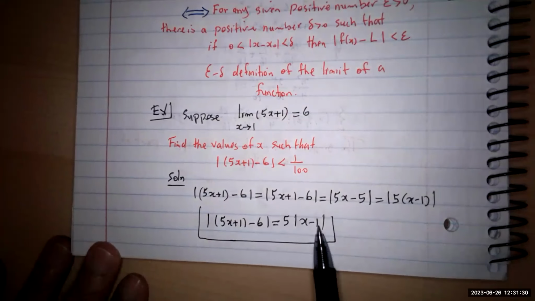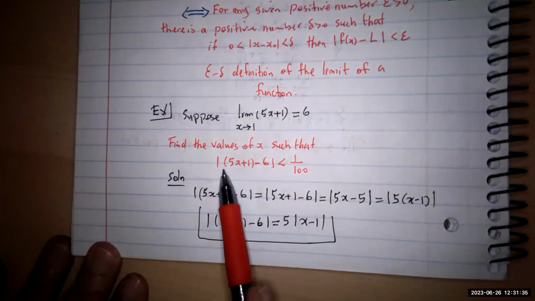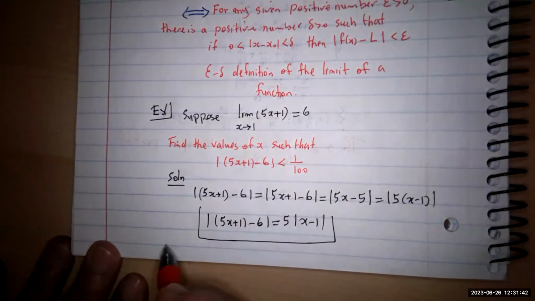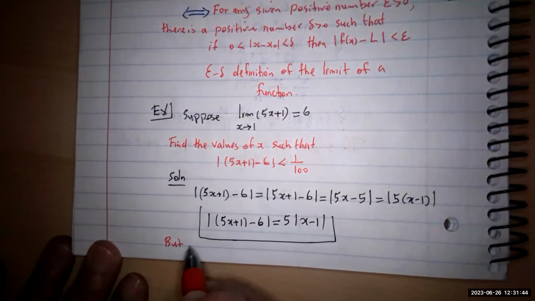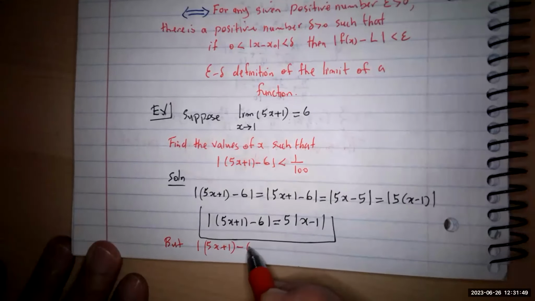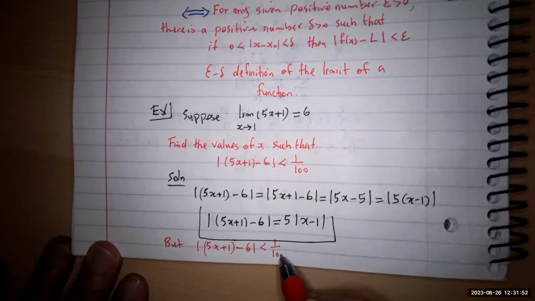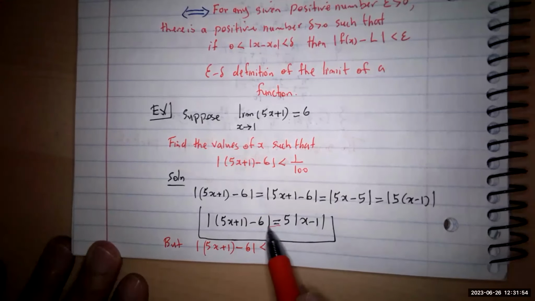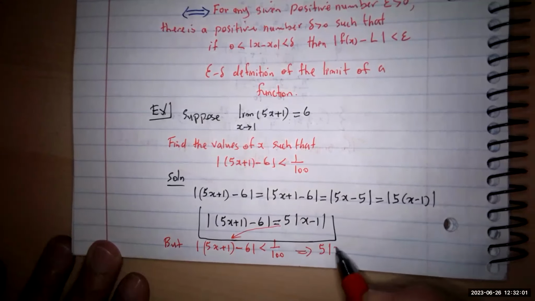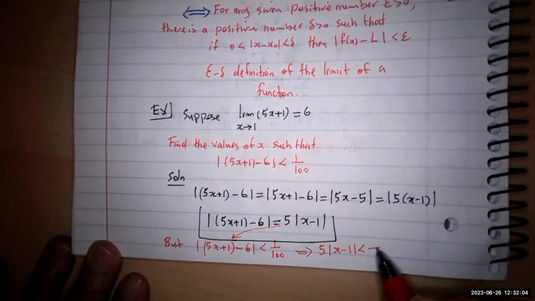See, that's the L and that's the x0. You connect them together. Now the tolerance. They give you that this is less than 1 over 100, so substitute. I wanted, with this condition, the absolute value of 5x plus 1 minus 6 to be less than 1 over 100. So this means 5 times the absolute value of x minus 1 is going to be less than 1 over 100.